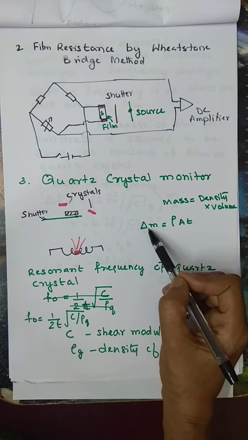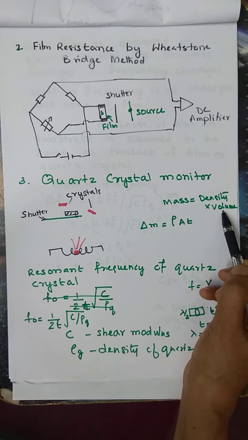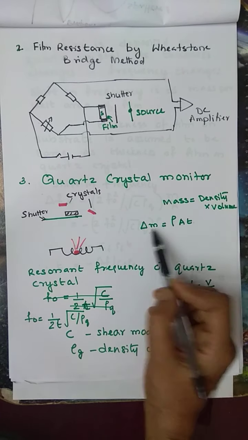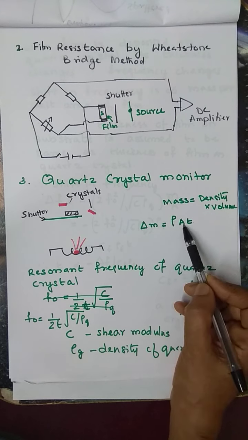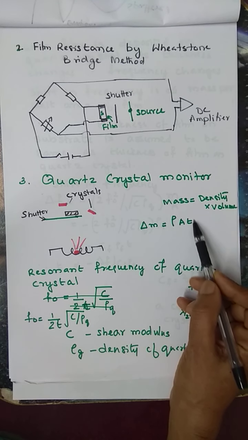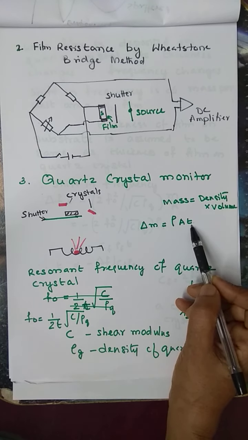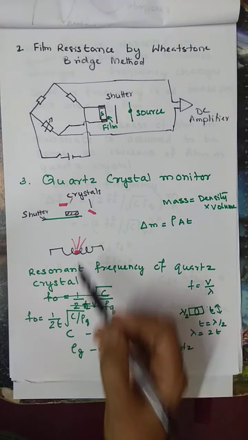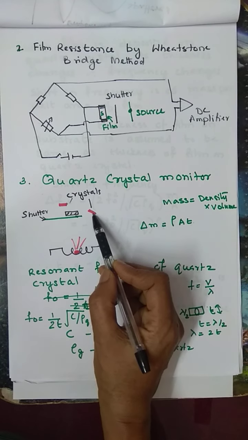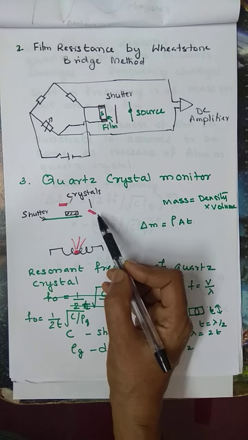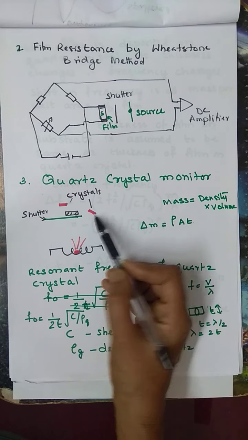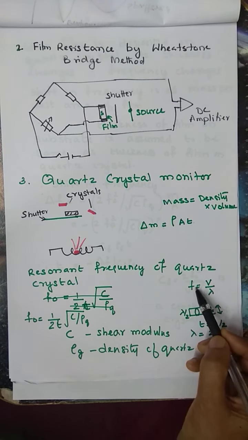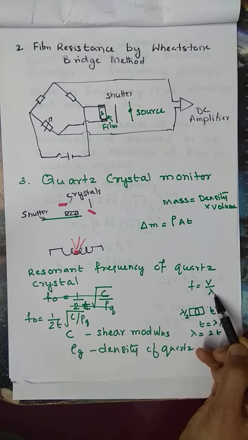The mass is density into volume. So the mass of the film can be expressed as density into area into thickness, because t is what we require to find out. Now, the quartz crystal which is placed over here has a resonant frequency. Its frequency is velocity by lambda.